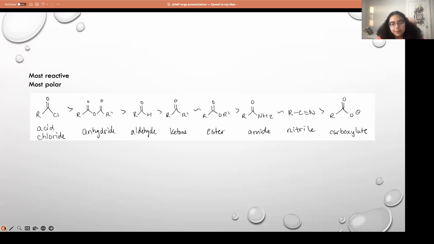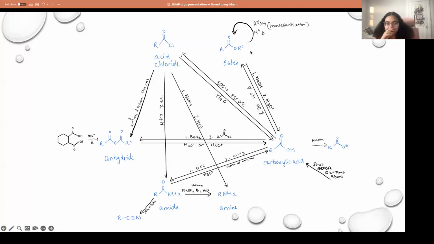If we go back, this web shows the different ways to move between these groups. I took organic chemistry with Professor Falzone, so these were the ones we needed to know. But in general, I think it's good to have an idea of how to move between these groups and the effective priorities. I don't know if this is the proper notation, but in the top corner, at the ester, there's an arrow going back to it.